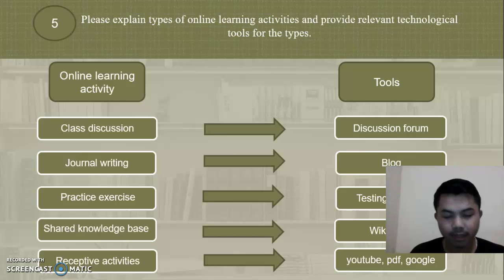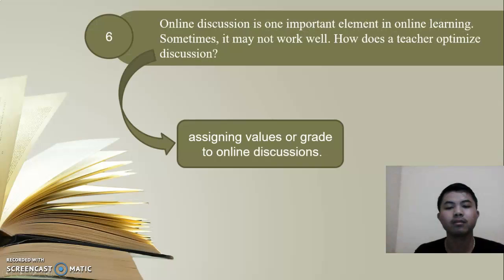For receptive activities, the tools used are PDFs, YouTube, Google, and etc. And the participants are individuals. The variations are teacher or student audio or visual presentations, course reading, and audio and video.